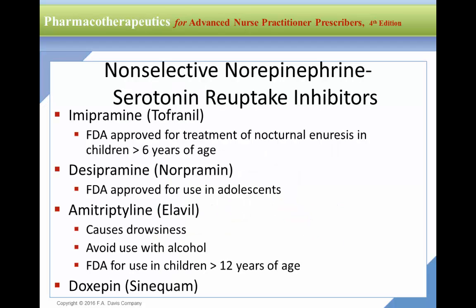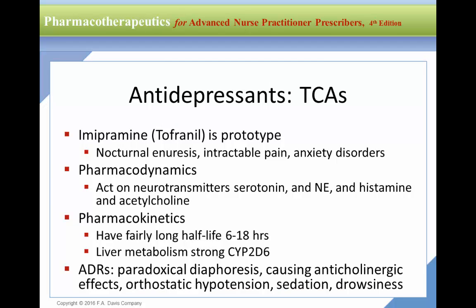Now, talking about non-selective norepinephrine reuptake inhibitors, we have again imipramine, Tofranil, desipramine, Norpramin, amitriptyline, Elavil, and doxepin, Sinequan. Now, again, imipramine, Tofranil, is the prototype.